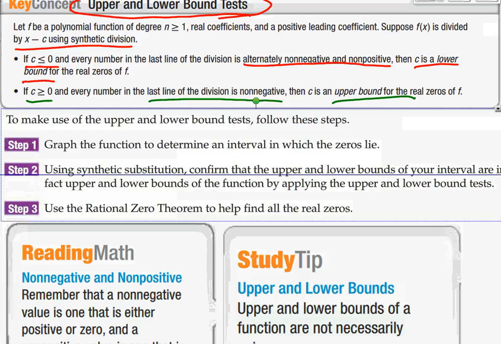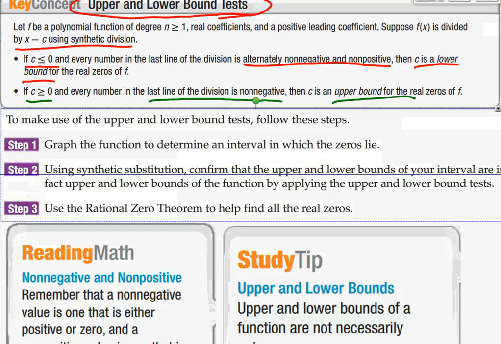So just a reminder, if this is in x minus c form, so we're dividing by c, x minus c is the potential factor, and c is the potential zero. And so the deal here is if c is less than or equal to 0, so we do have to be on the left side of the x-axis, and the last line is alternately non-negative and non-positive, so 0 can go either way, then that's a lower bound, and we don't have to try anything lower than that.